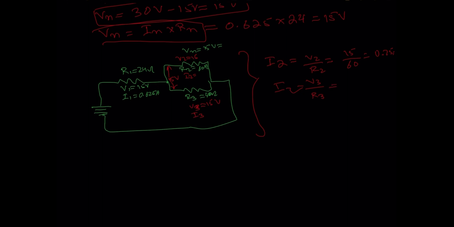And V3 is 15 divided by 40. 15 divided by 40 will give me 0.375 amps.